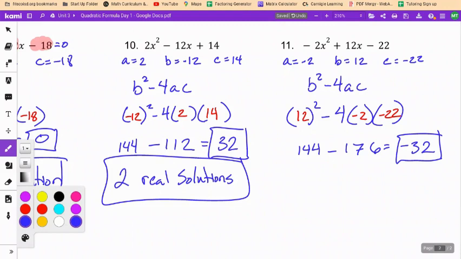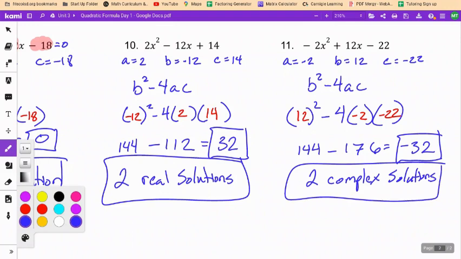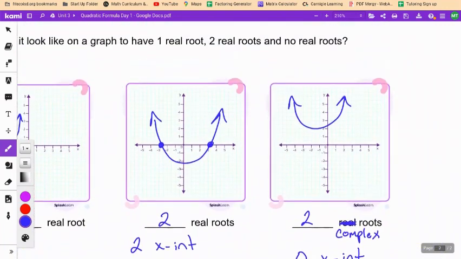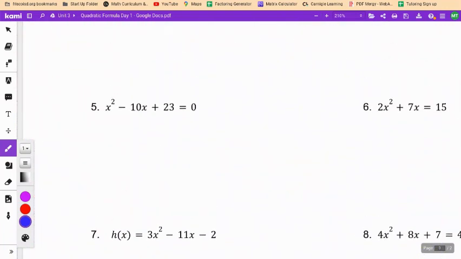This time, since it is a negative number, or it's less than 0, I have 2 complex solutions or roots. Okay, and again, we'll hit on that more next week when I get back into class. So that's just finding the discriminant. That helps me understand what I'm looking for when I'm solving these.